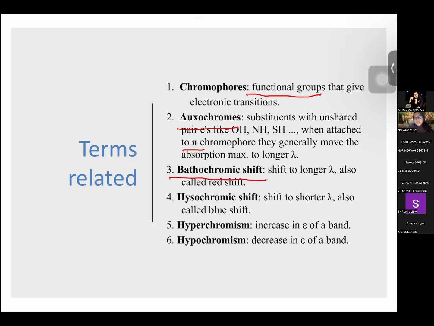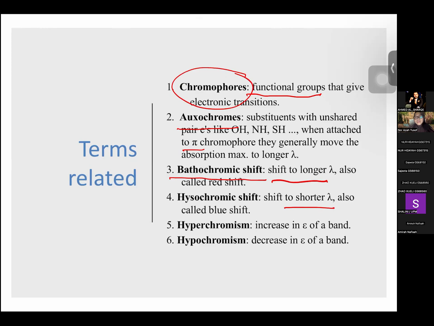I will show you the example. This is where you can decide whether it has bathochromic shift or hypsochromic shift, whether it moves to longer wavelength or shorter wavelength. So this is just terms. But for you to classify, that's why I asked about the word chromophore. Not all compounds can absorb light.